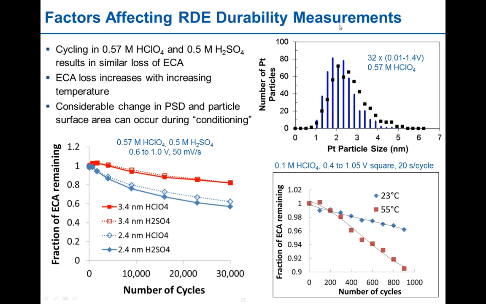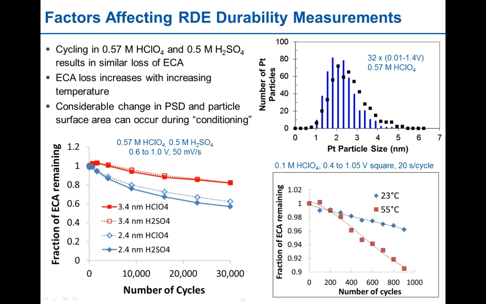So factors that can affect RDE durability measurements are the identity of the electrolyte, whether it's perchloric acid or sulfuric acid, specifically the pH of the electrolyte. So in some studies at Argonne where we cycled the electrode in 0.57 molar perchloric acid or half molar sulfuric and then compare the ECA loss, we see very similar losses for those two conditions. So here the 0.57 molar perchloric acid is chosen to match the pH of the 0.5 molar sulfuric acid.